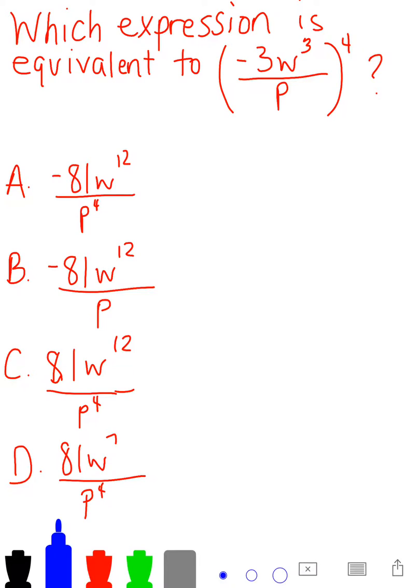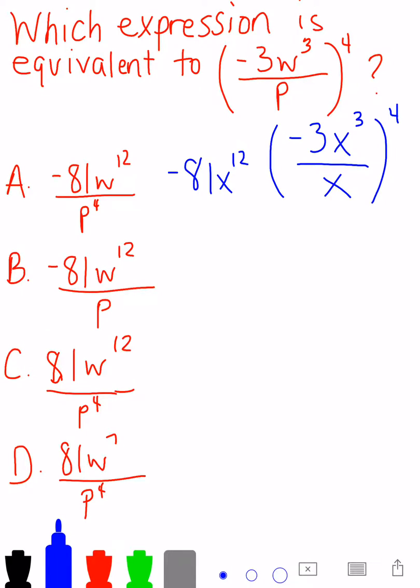So your original problem, I'm going to rewrite it right here. It's now going to become negative 3x cubed divided by x, all to the fourth power. Remember, you're going to replace an x wherever you see a letter. So I'm going to do answer choice A now, and that's negative 81x to the 12th power divided by x to the 4th.